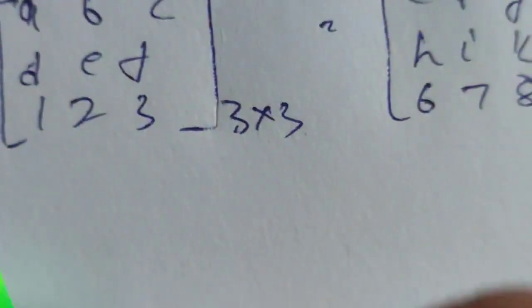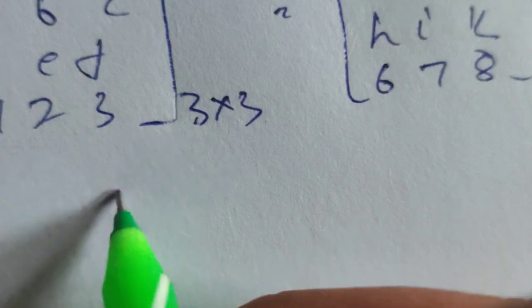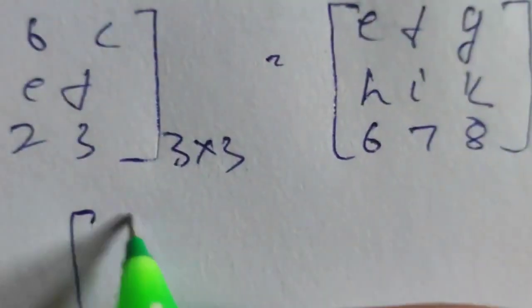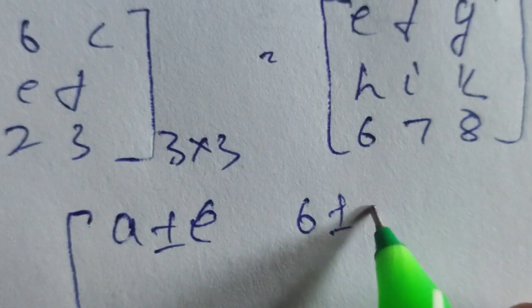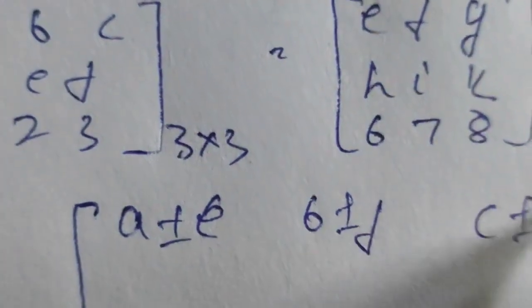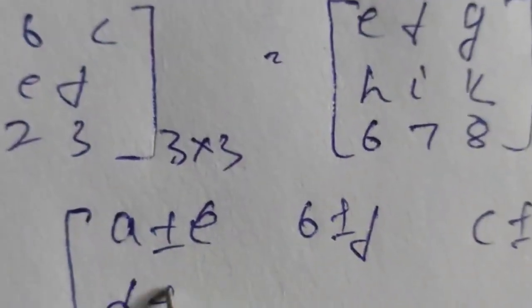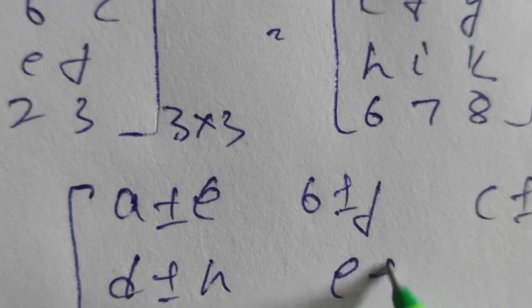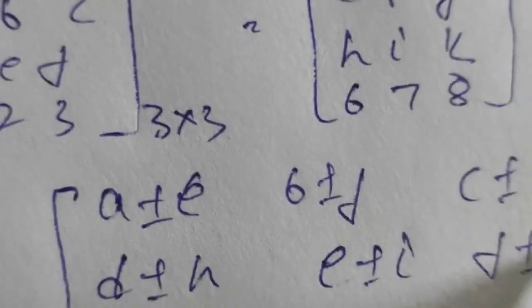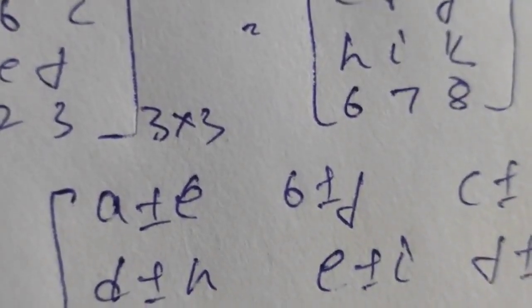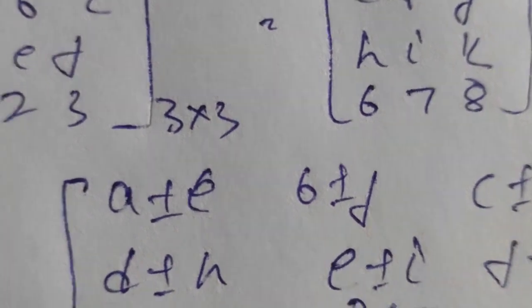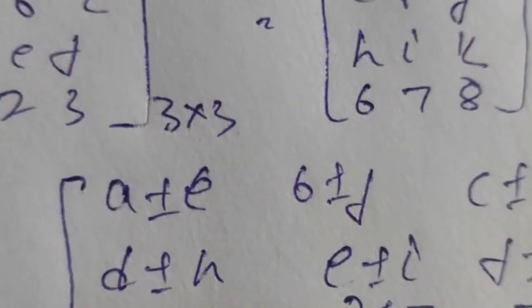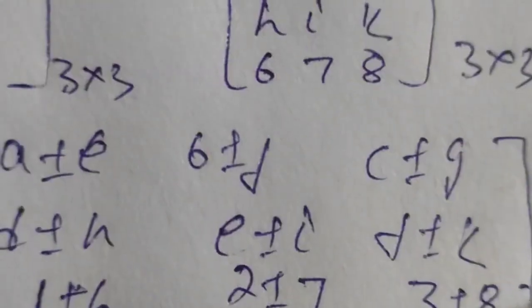Now A plus B, or subtraction, is the same: A plus or minus E, B plus or minus F, C plus or minus Z, D plus or minus H, E plus or minus I, F plus or minus K. Similarly 1 plus or minus 6, 2 plus or minus 7, and 3 plus or minus 8, which is 3 cross 3.